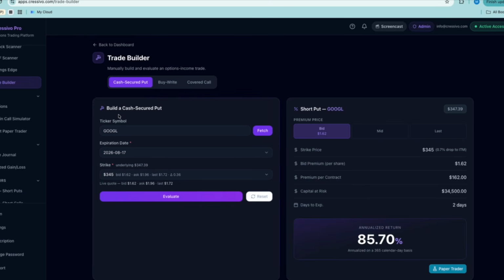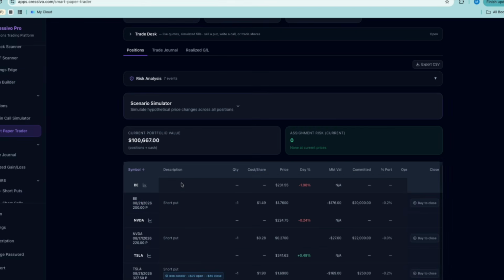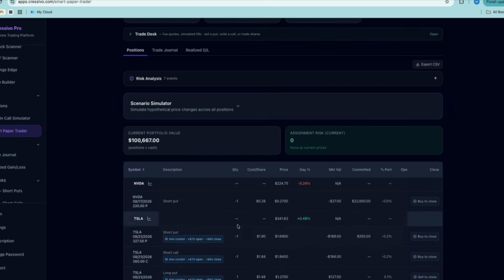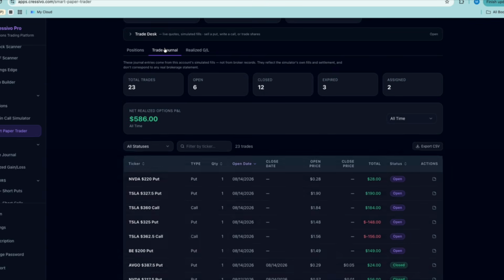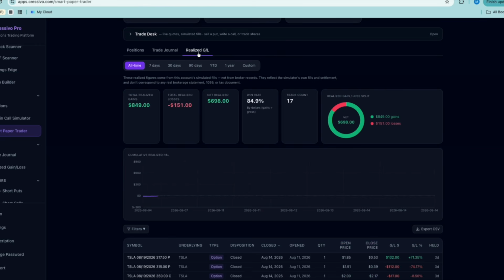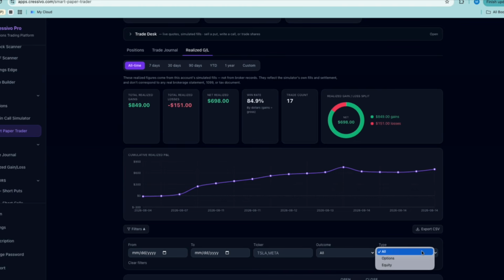And as we're trading in the Paper Trader module, not only are we able to see all of our positions, but we can also see all of our transactions as well as our realized gain loss for any period of time, and sort it by ticker and by options and/or stock. Lots of flexibility.